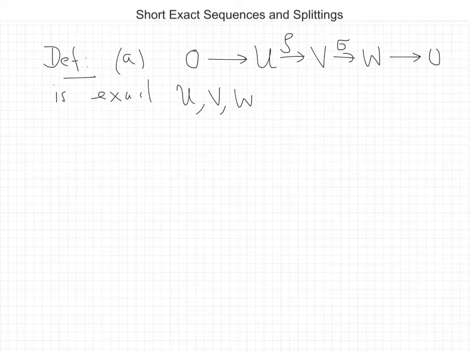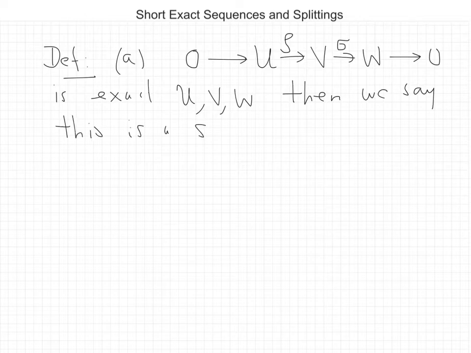If you have such a sequence which is exact at U, V, W, then we say you have a short exact sequence.